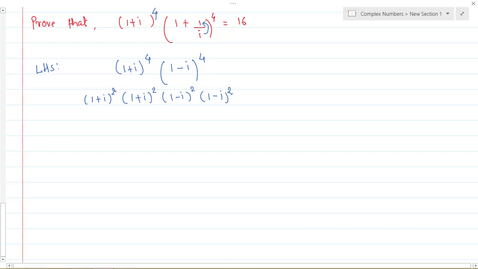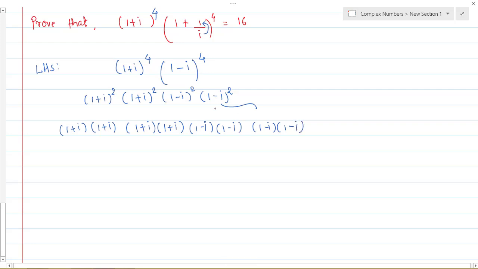Again this (1 plus i) squared can be written as (1 plus i)(1 plus i). This part again as (1 plus i)(1 plus i). This part can be written as (1 minus i)(1 minus i), and this part as (1 minus i)(1 minus i).